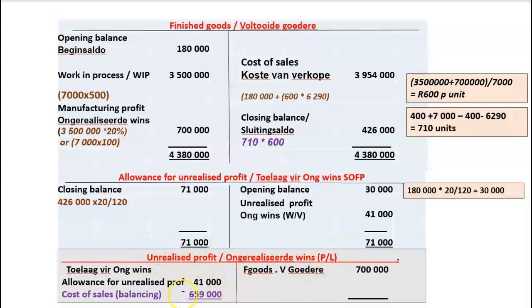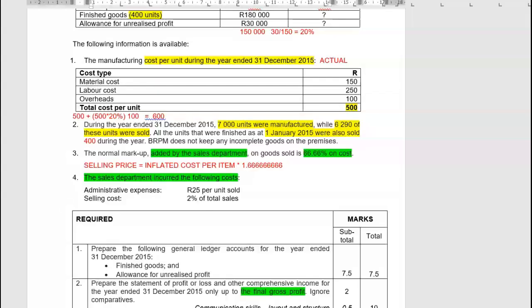Right, and then in our unrealized profit and loss account, we are going to post the balancing figure, 659,000, to our cost of sales. So what is going to be the total cost of sales? It's going to be 3,954 less 659,000. Now, we have to determine the selling price of these goods as well.